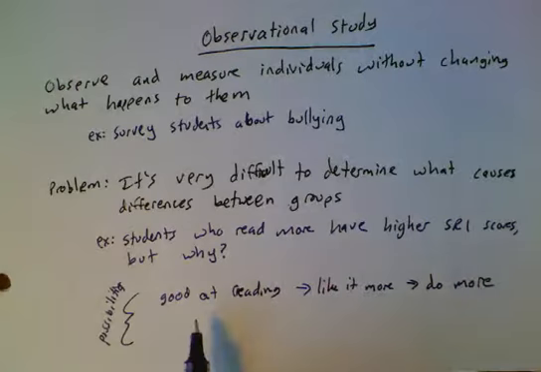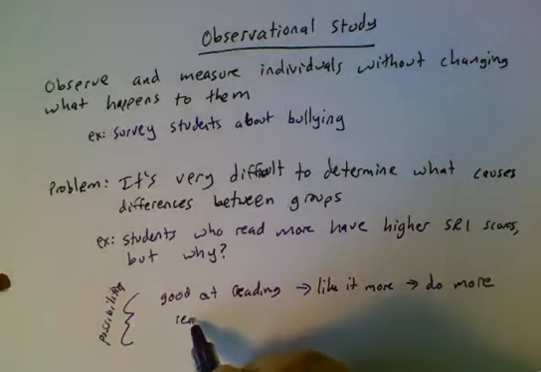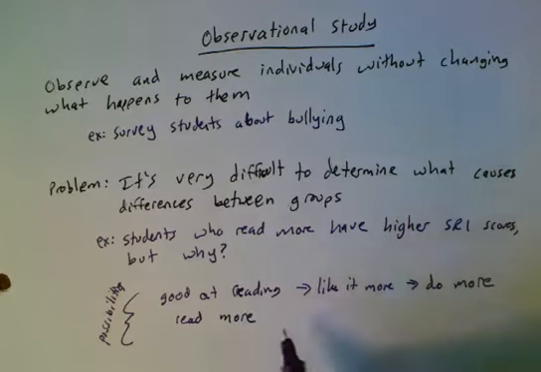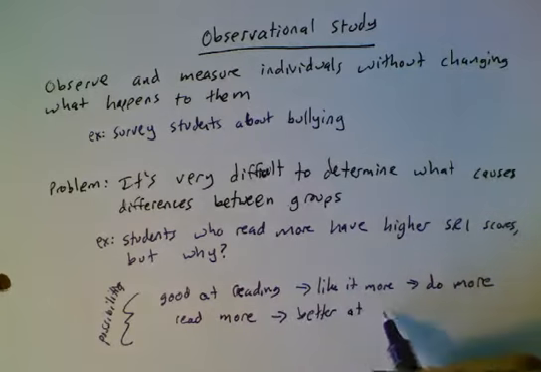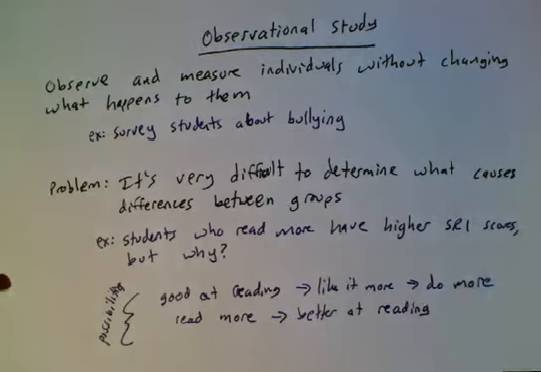So in that case, higher SRI scores cause students to like it more, which causes them to do more. Maybe it's students who read more get better at reading, as measured by SRI scores.